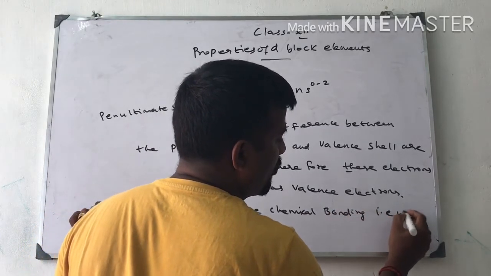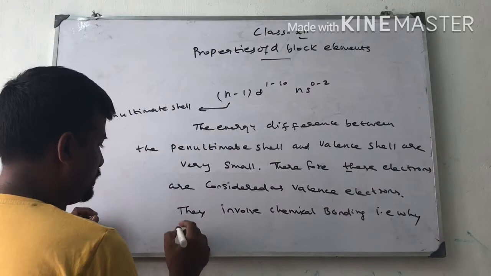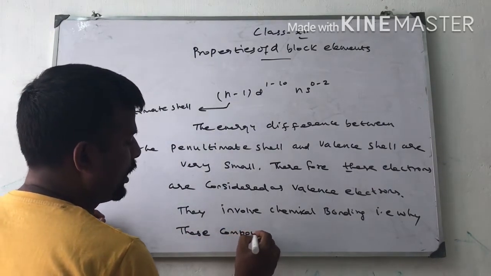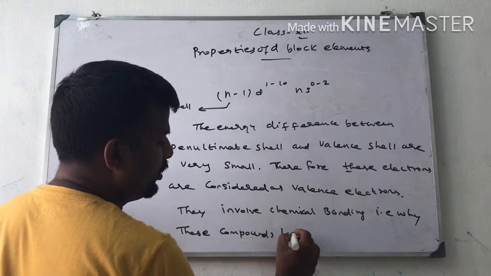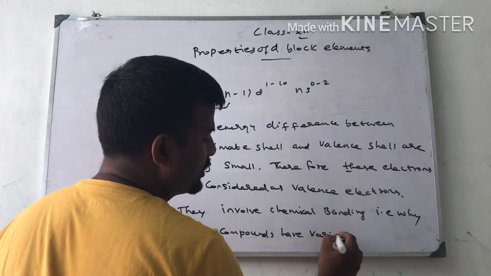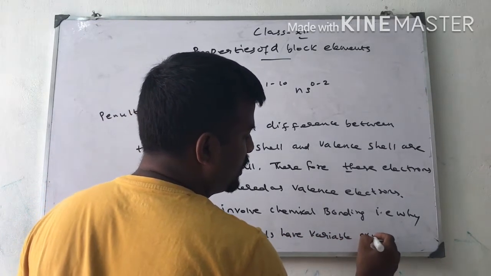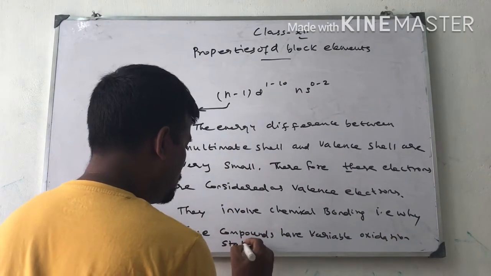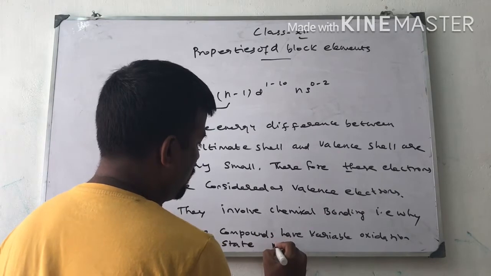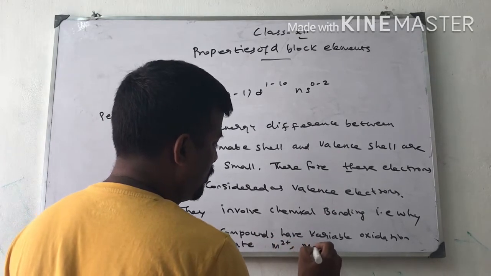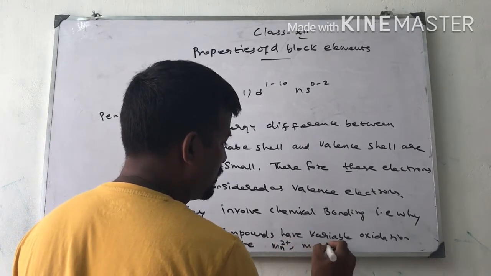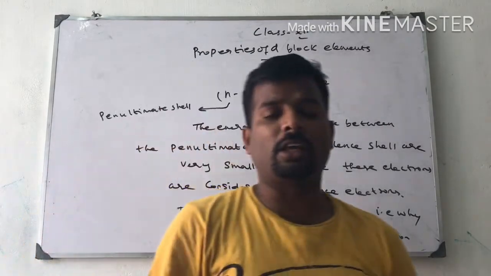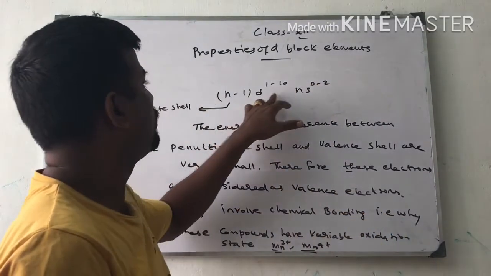That is why these compounds have variable oxidation states, like M2+, M4+, and so on, because the d electrons number 1 to 10.